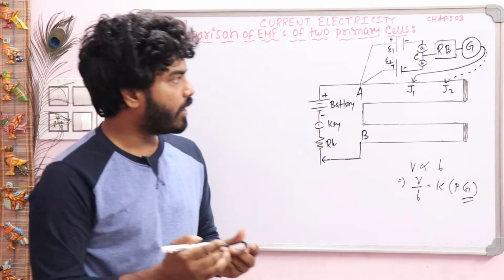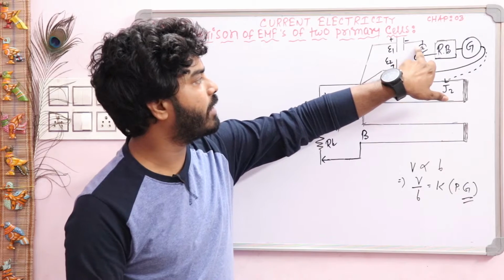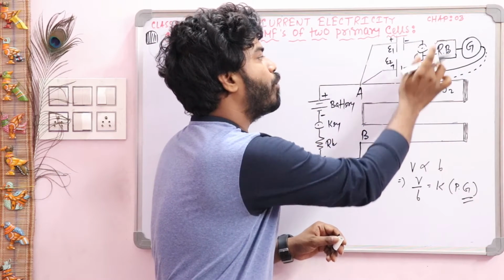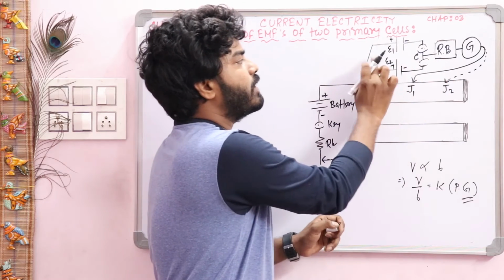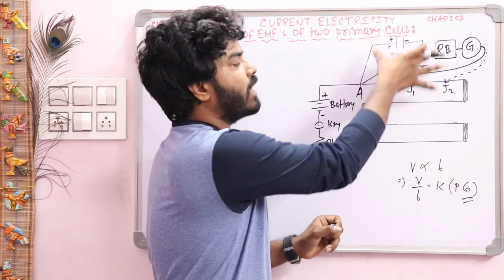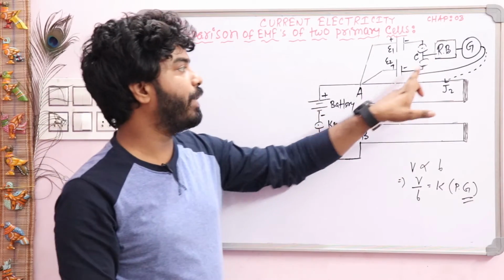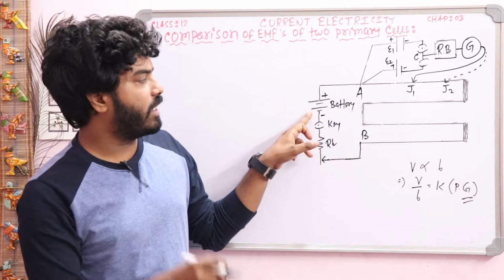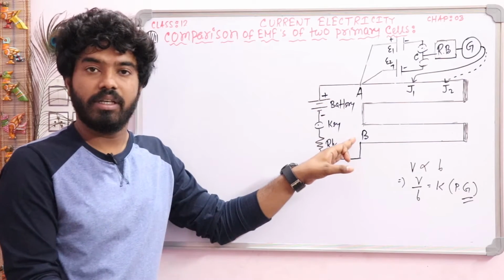Now at first you connect this key, which is named as A, and you open this other key. When you open this key, that means the cell C1 is connected through this circuit, C2 is open. Now this is our supplied battery, and this battery supplies a constant current flowing through this circuit.